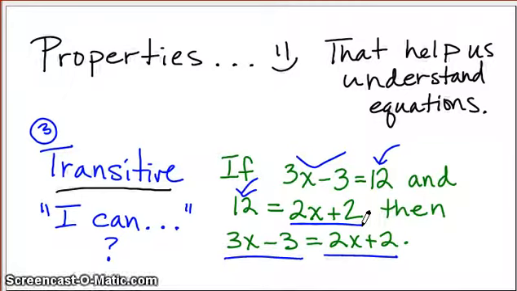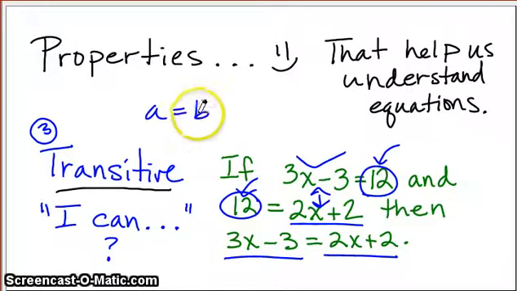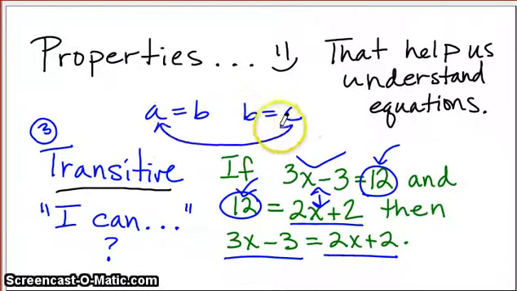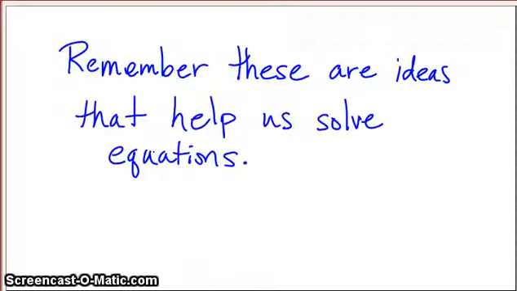And since I have 12 in common, equal to these other two quantities, then these two have to be equal because they are linked by 12. And that is the transitive property. If A equals B and B equals C, well then A and C have to be equal because B links them together. That's your transitive property. So it's a linking property.